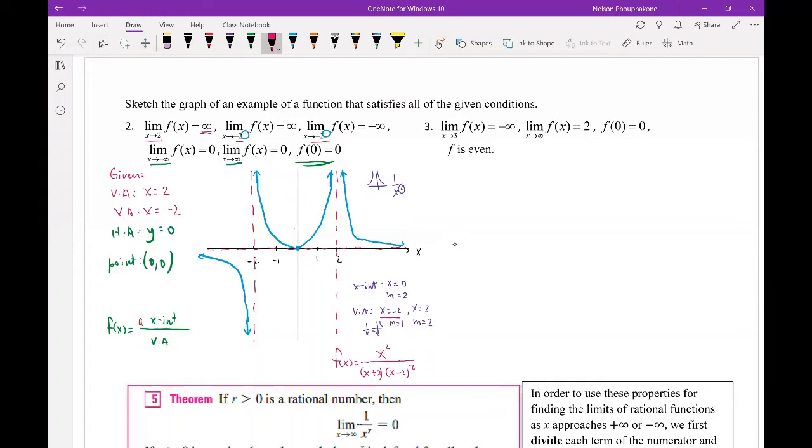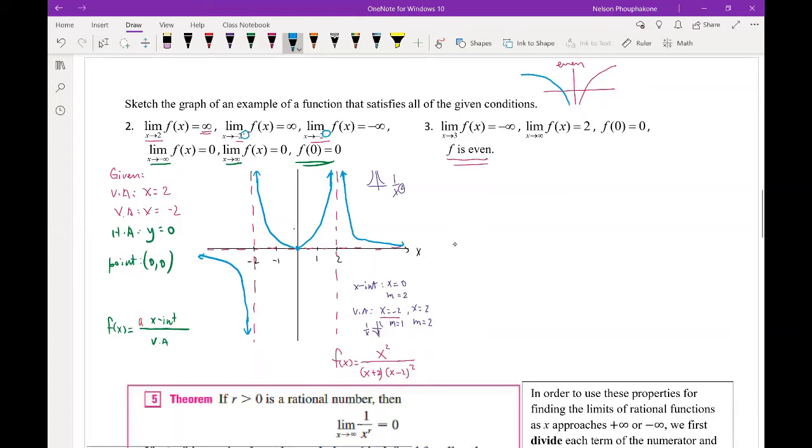Now, one thing about this is when the problem tells you that f is even, what does this mean? You have to understand that for even functions, if you have half of the graph looking like this, then it is symmetric with respect to the y-axis. So basically this is an even function.